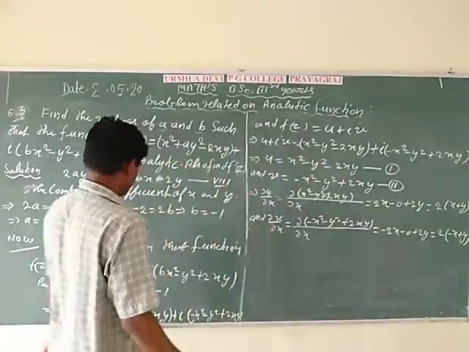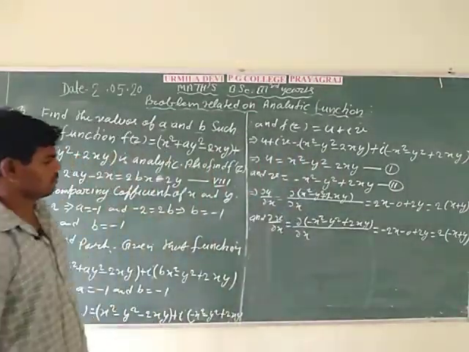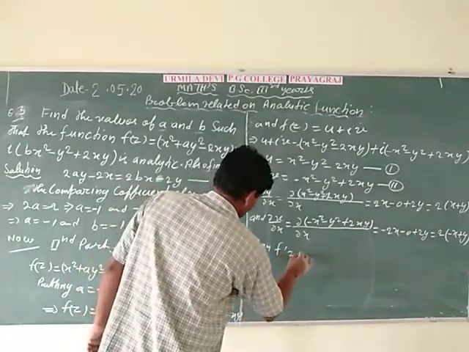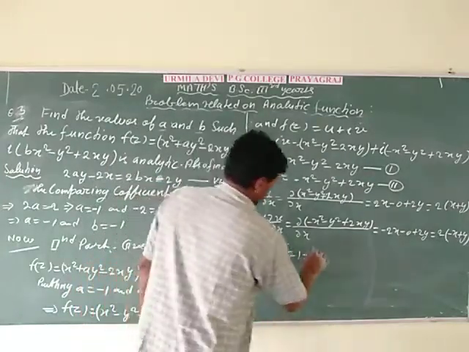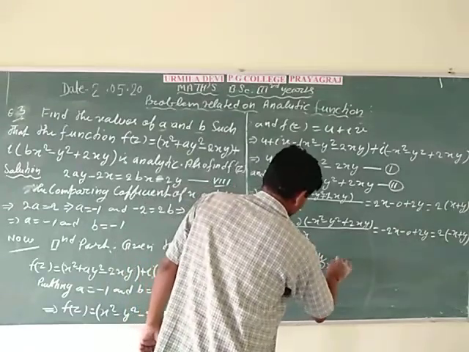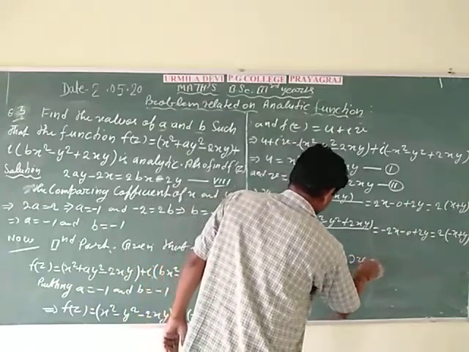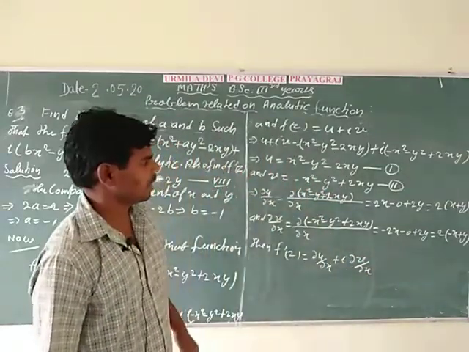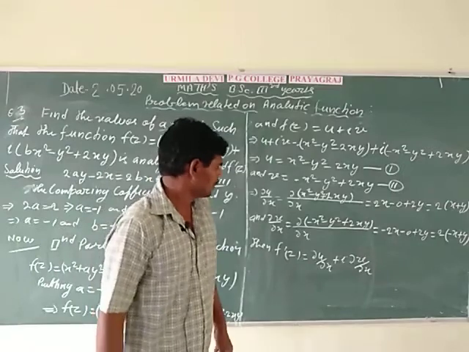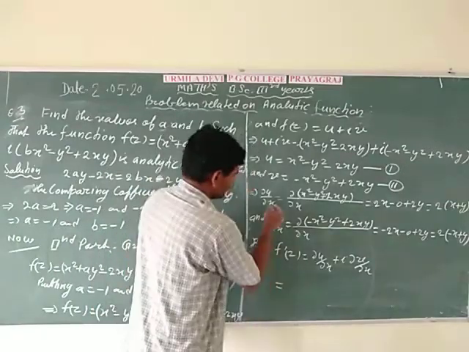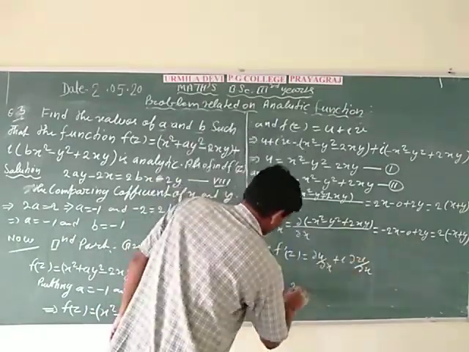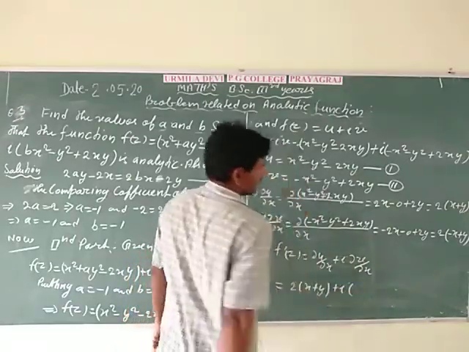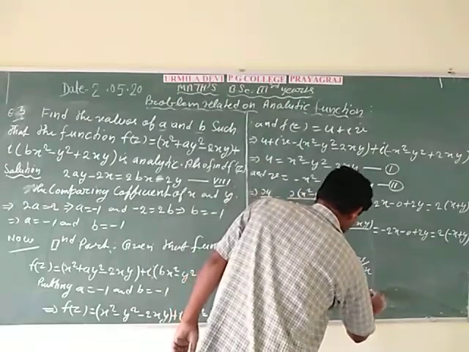Now the differentiation of function f(z), that is f dash z, is equal to del u by del x plus i times del v by del x. Putting these values of del u by del x and del v by del x from the above two equations, f dash z is equal to 2 times x plus y plus i times y minus x.